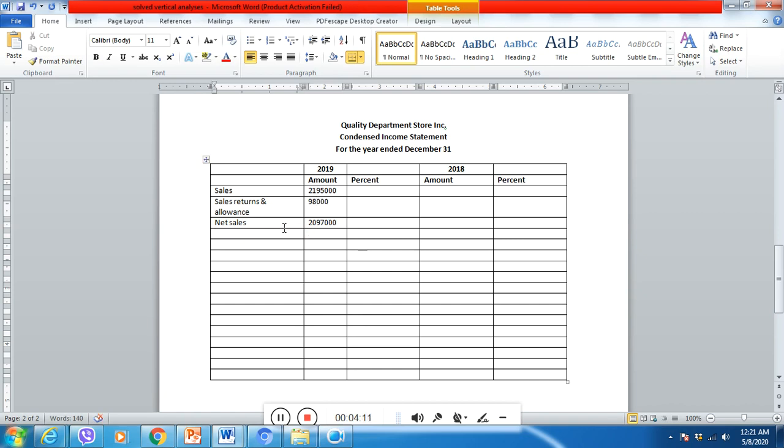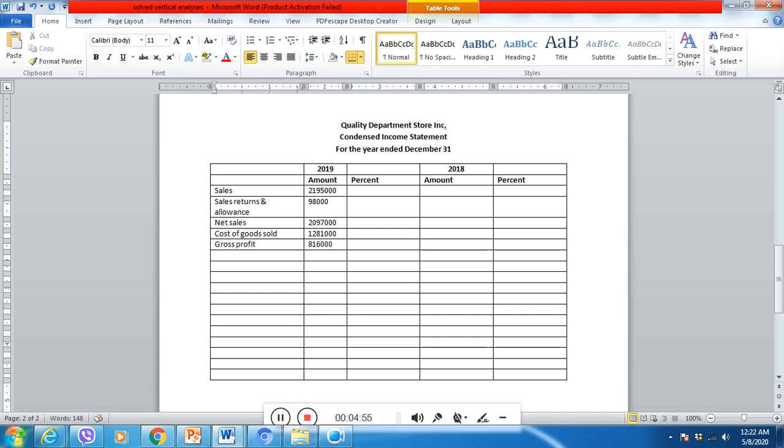98,000. Then the cost of goods sold, COGS. I write the full form: cost of goods sold, and the value of COGS is 1,281,000. Then after it we have gross profit, and the value of the gross profit is 816,000.